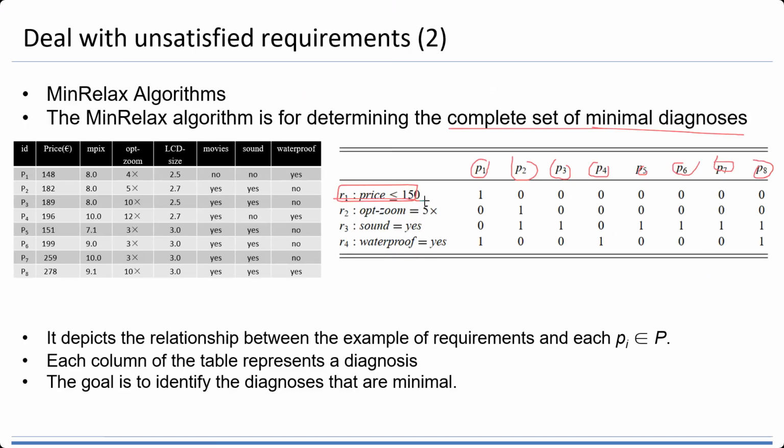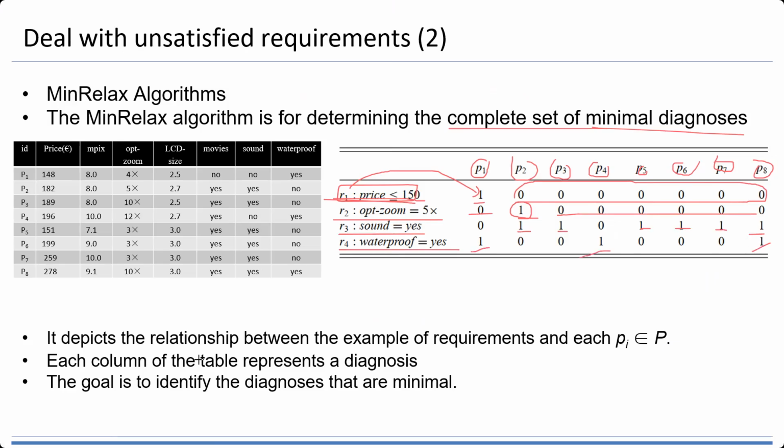In R1, we have at least one solution, and the other products do not apply to this requirement. For R2, we also have only one solution. The other products do not apply with the requirement. R3, we have 1, 2, 3, 4, 5, 6. For R4, we have 1, 2, 3.